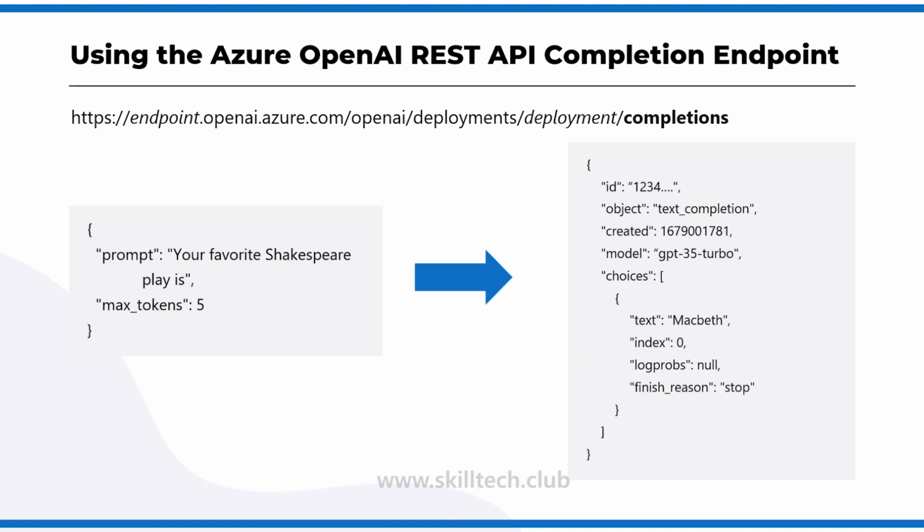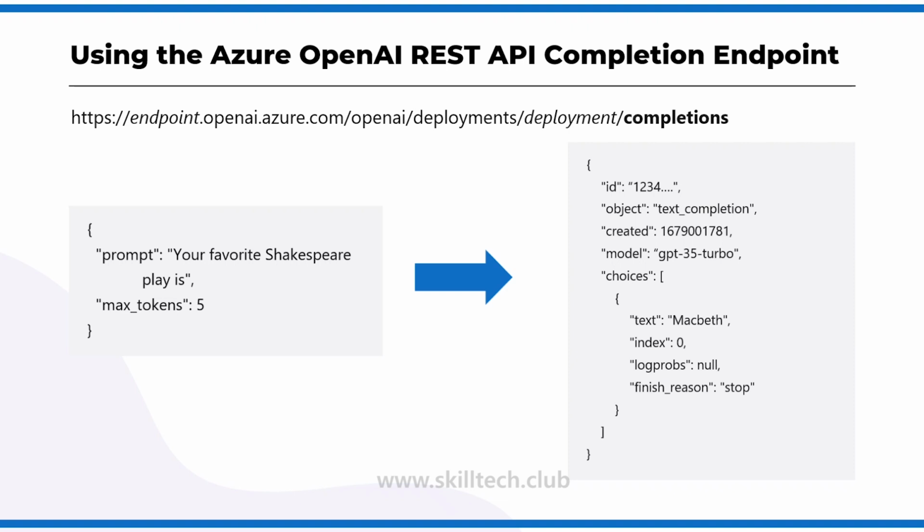How you want to calculate the tokens is something you can understand through the tokenizer, which is available on the OpenAI website. You can use a tokenizer to understand how many tokens will be generated and how it is going to be processed. As this is out of the scope of this particular course, we are not focusing on that right now. I'm assuming you will go to the OpenAI website and check the tokenizer.